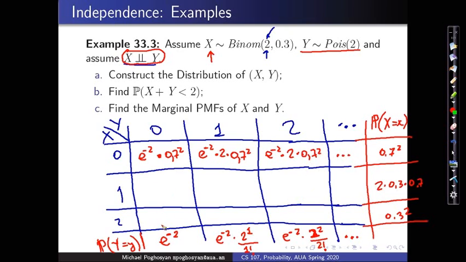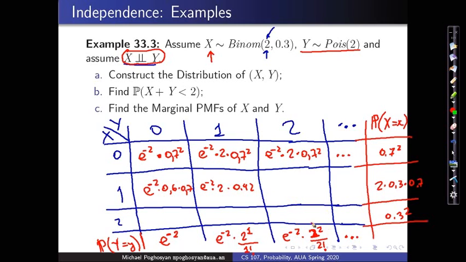Okay, here I will write the product of this and that. So e to the minus 2 times 0.6 times 0.7. E to the minus 2 times 2 times this probability, which is, well, 0.42 in fact.